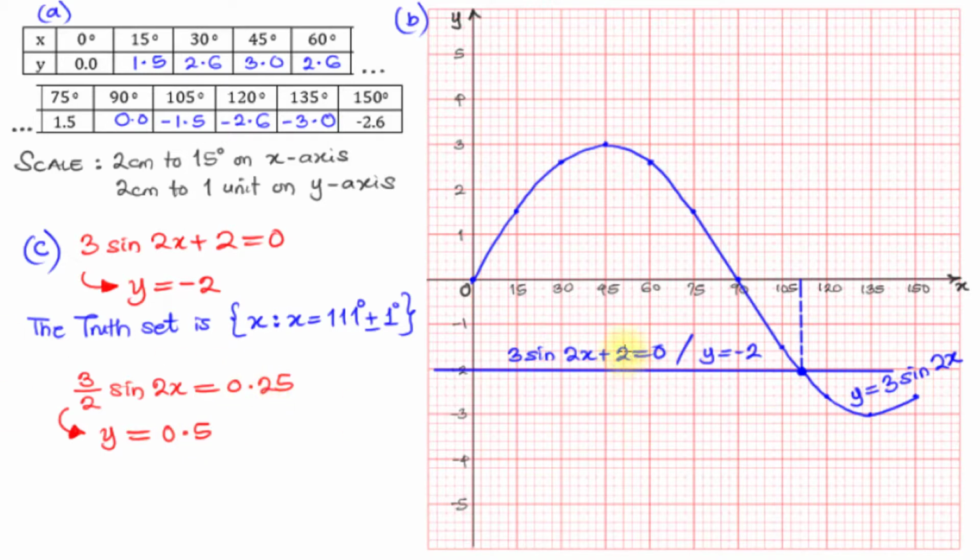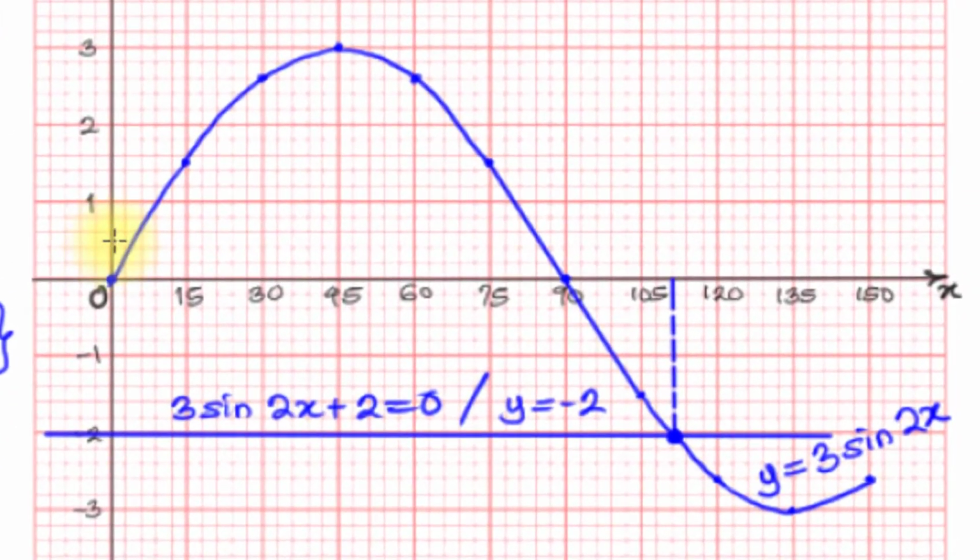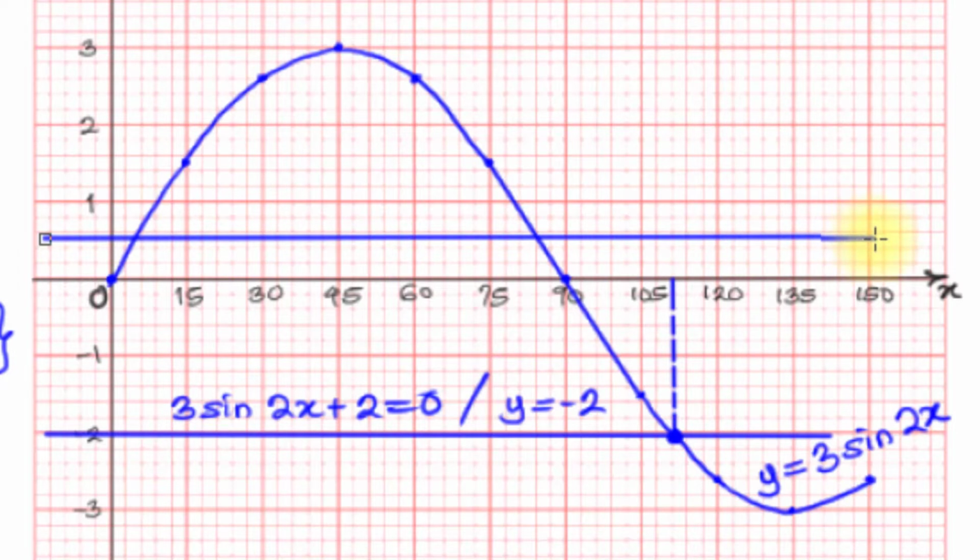Okay, so for y is equal to 0.5, we just need to go to the point at which we have 0.5, which is on the positive y-axis, and that is here. So we draw a straight line, okay, just to cut the graph for the sinusoid that we have initially. So we're going to have something like this. So that's our curve for y is equal to 0.5.